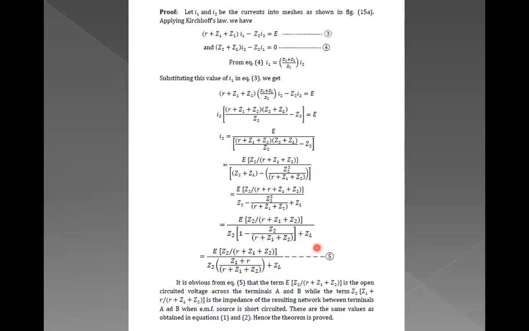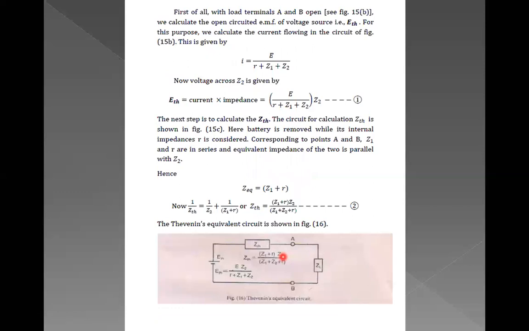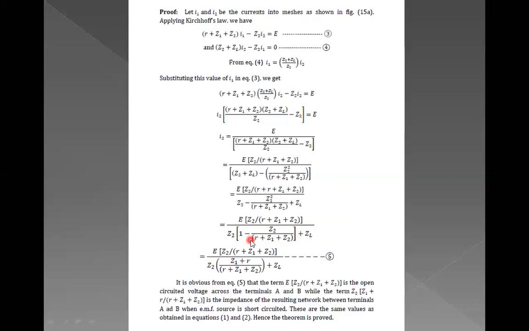If you see the numerator of equation number 5 as E into Z2 by R plus Z1 plus Z2, and compare this with equation number 1, E into Z2 by R plus Z1 plus Z2, it means equation 5 numerator is nothing but ETH.